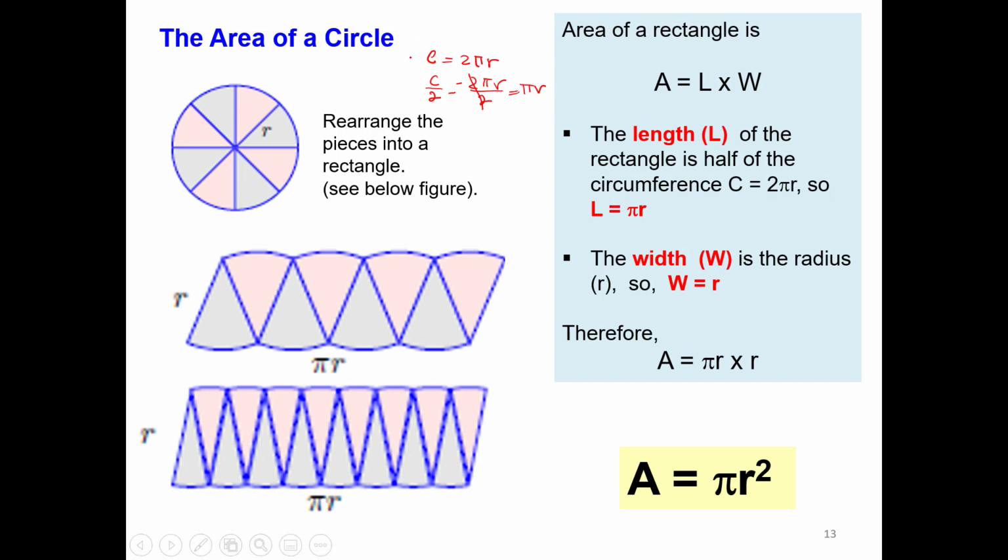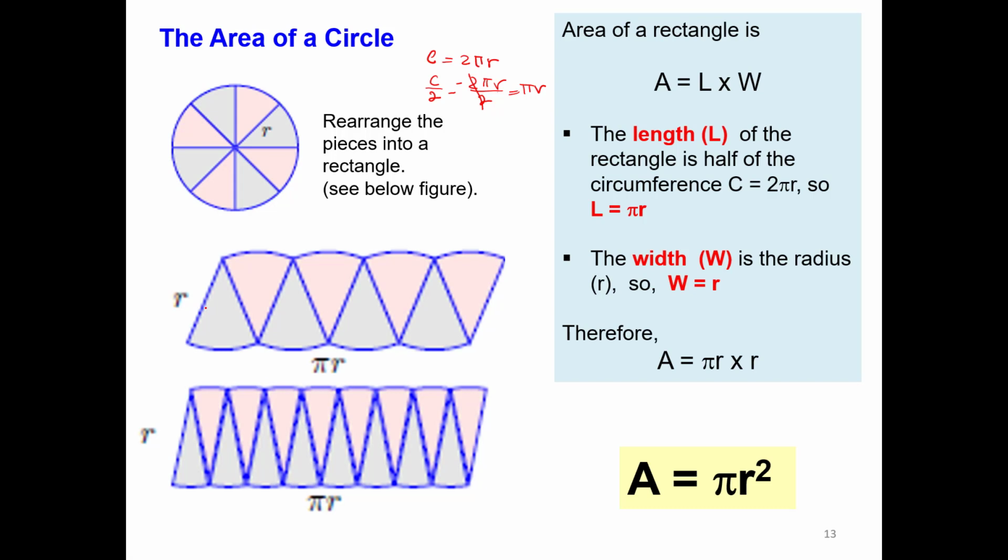This is why the length of the rectangle is pi r. And the width is the radius of the circle.